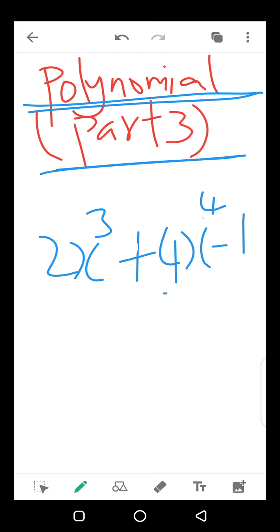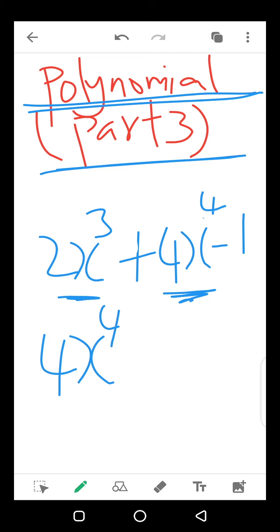That means that this one that has higher degree will come first, followed by this. So we're going to have 4x raised to power 4 plus 2x raised to power 3.